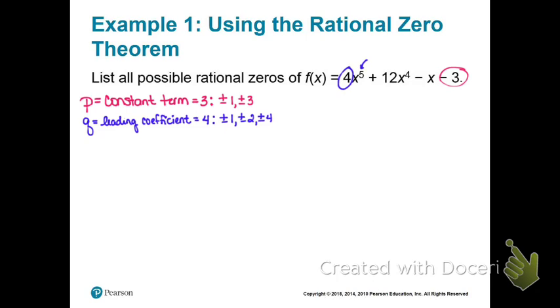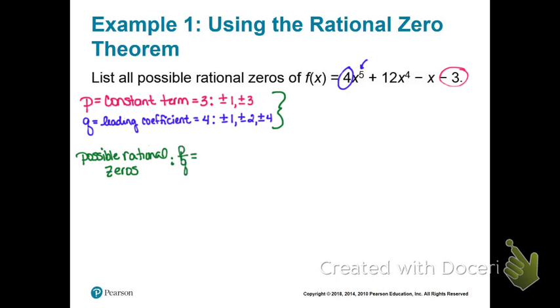Now, to find my possible rational zeros, we're going to have to take every P and put it over every Q. Actually, I'm going to write this below it. So the possible rational zeros. Now you need to find some pattern that's going to work for you, okay?